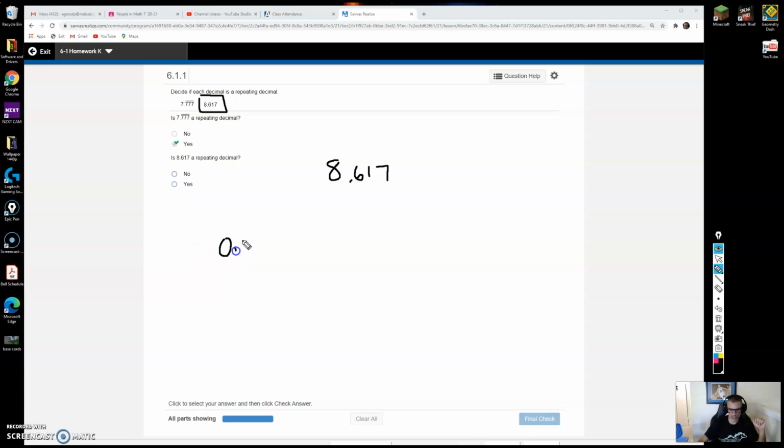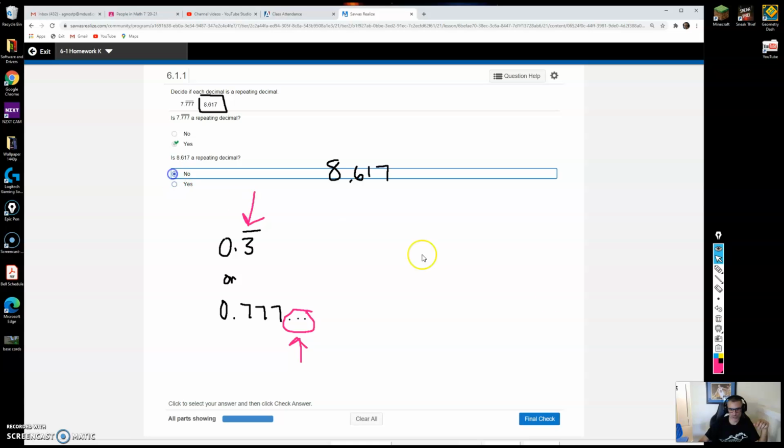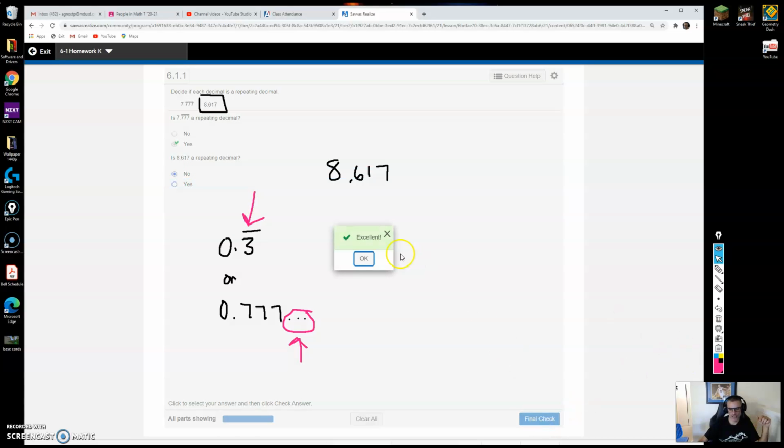You're going to see it with the line on top, or you might see it the other way I've been doing it, which is you might see like a bunch of sevens and then dot, dot, dot. So what you're looking for is the 3 dots afterwards or the line. Since this has neither, this is what we call a terminating decimal. To terminate means to stop, to end, right? The Terminator, he ends your life. That's why he's called the Terminator. So this is a terminating decimal. So it is no. Final check. Got it.